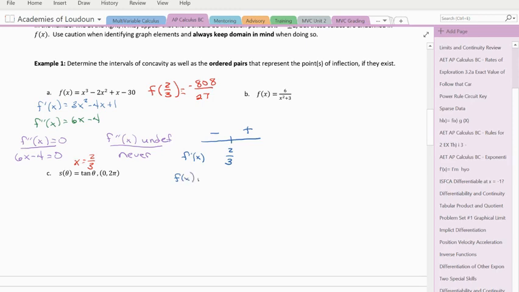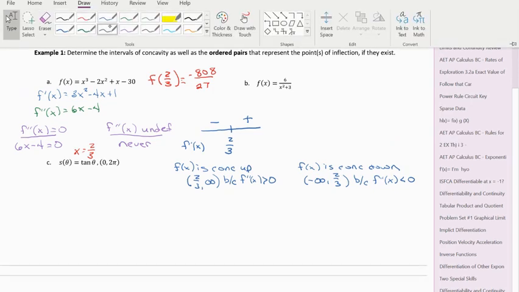So f of x is concave up from 2/3 to infinity because f double prime of x is greater than 0, and f of x is concave down from negative infinity to 2/3 because f double prime of x is less than 0.